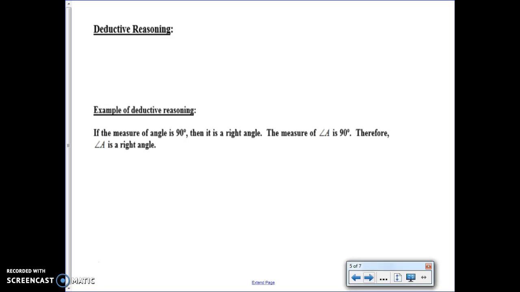All right, we have another kind of reasoning here, and it's deductive reasoning. Inductive reasoning uses patterns. You want to look for that keyword of patterns. You're making those educated guesses. Deductive reasoning uses facts and definitions to make a conclusion.